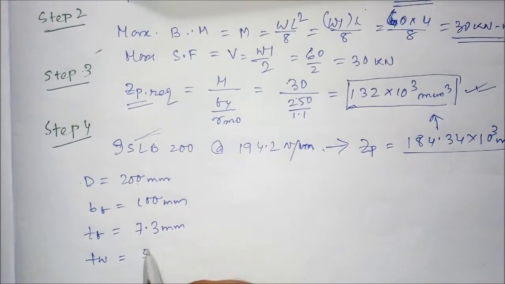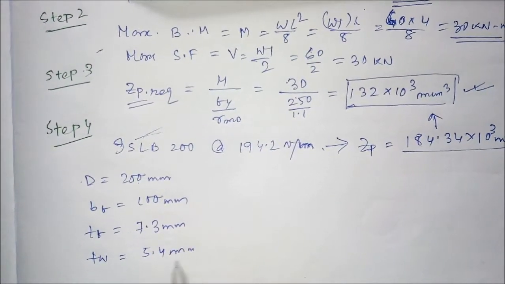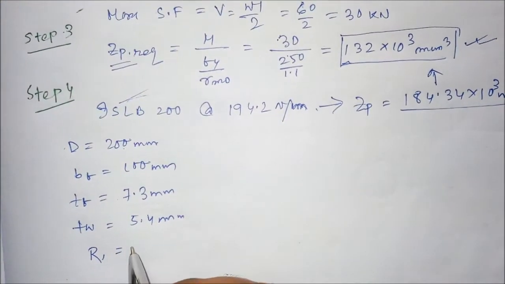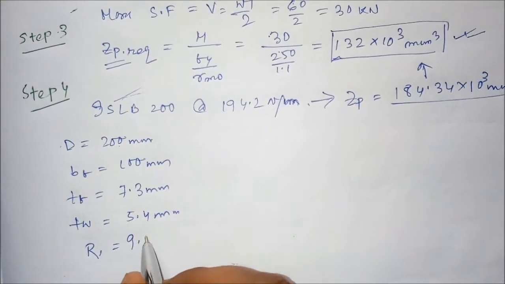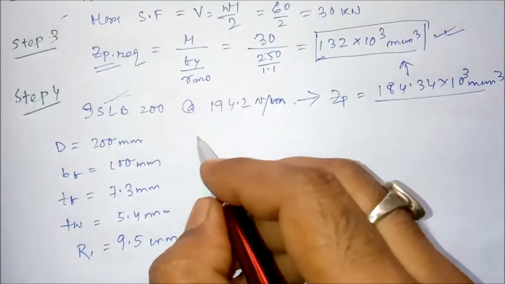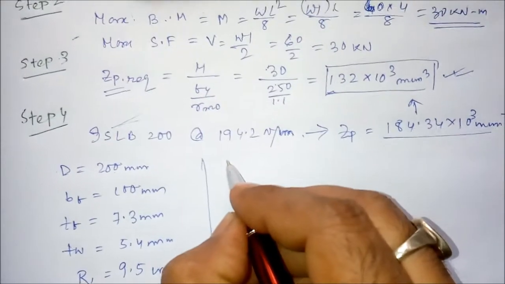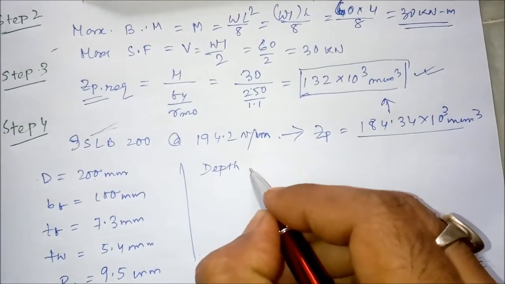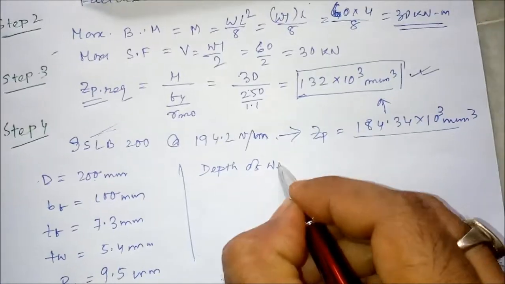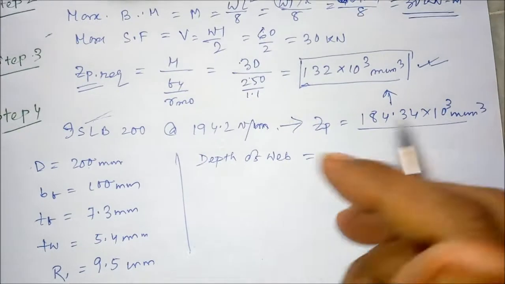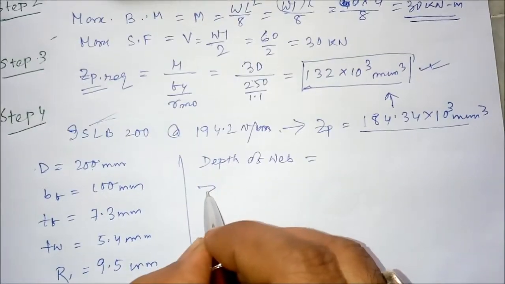TW, thickness of the web, is 5.4 mm. Root radius is 9.5 mm, right? And obviously, suppose we need to find out the depth of the web only.